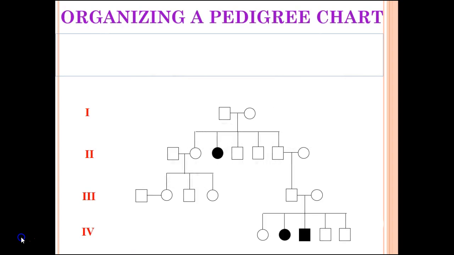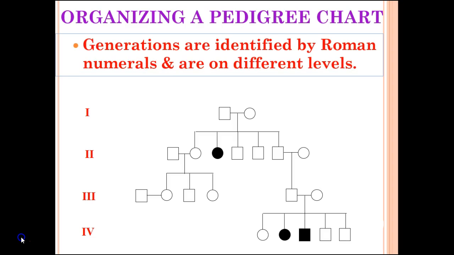So this is kind of like a real-world application. Okay, so let's talk about the organization of a pedigree chart. The first thing we need to talk about is how generations are represented. Generations are represented by Roman numerals, and they're always in line with each other in the same row.